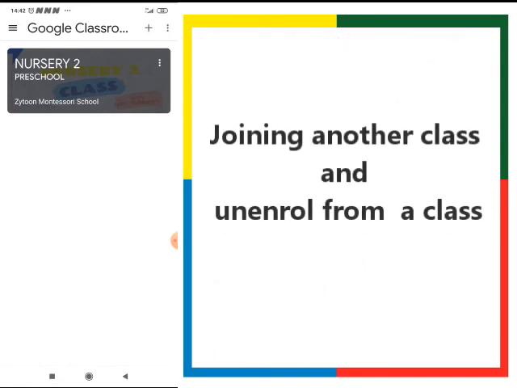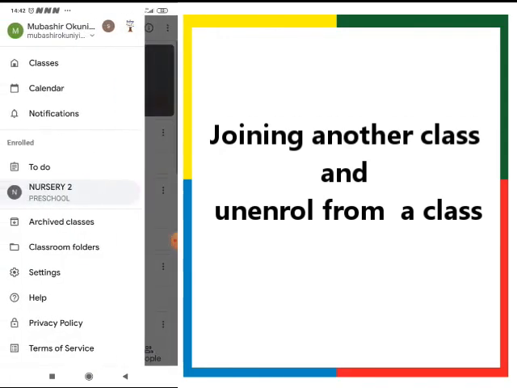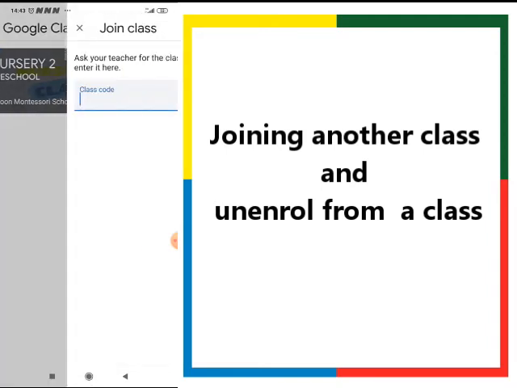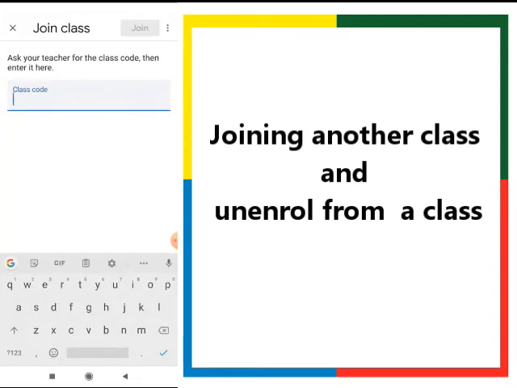Another feature that I would definitely need to watch out for under this menu is when I open the class, I'll see the same plus sign that I saw while signing in the first time to join the class, which is this particular one. It will bring the option of entering another class code.